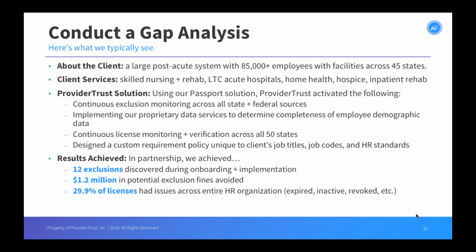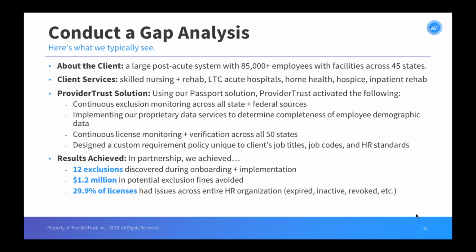So we did this for a large post-acute system with about 85,000 employees with facilities across 45 states. The client services, and just a little bit of background, is their skilled nursing and rehab, long-term care acute hospitals, home health, hospice, and inpatient rehab in terms of the types of facilities that they have. What we activated for them, we activated continuous exclusion monitoring.